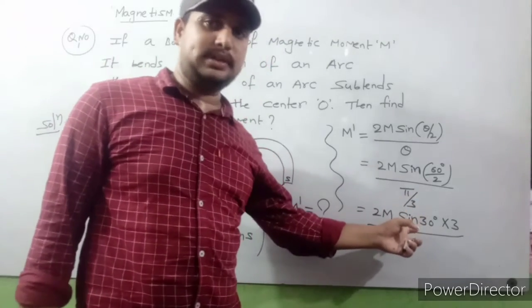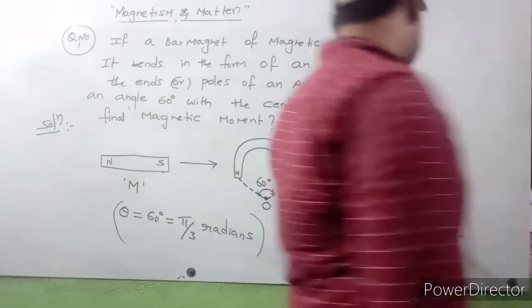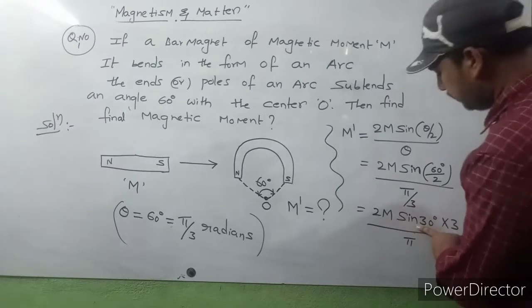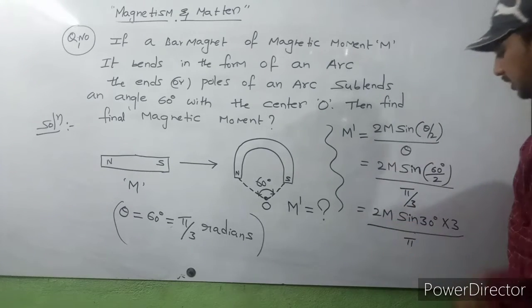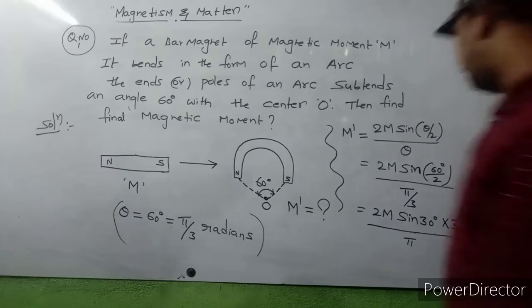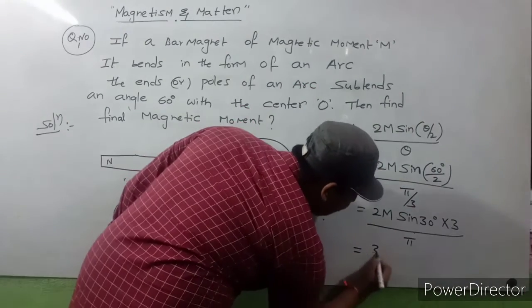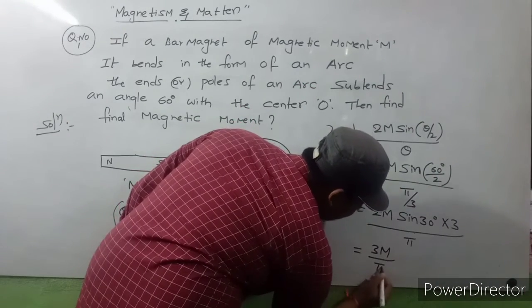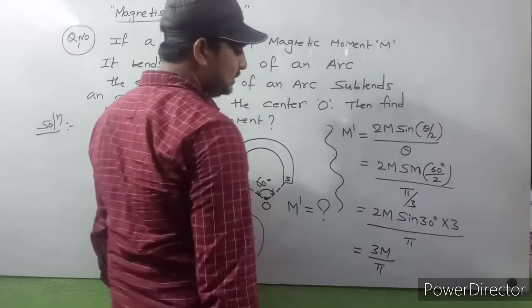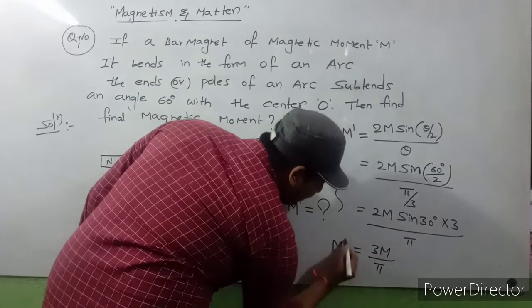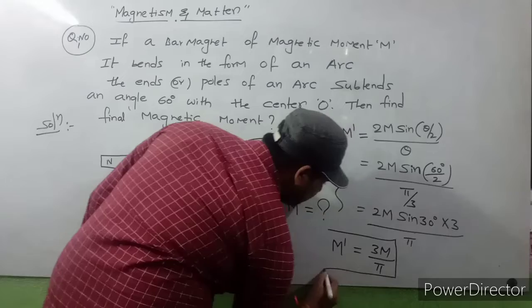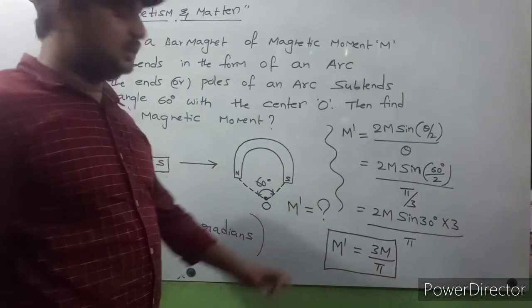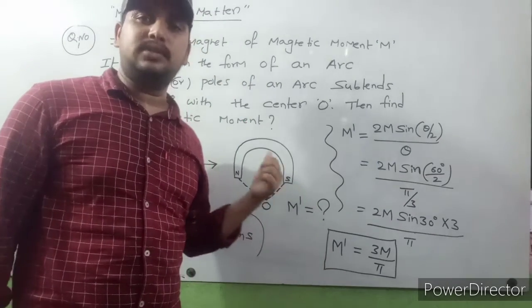Here instead of sine 30 I will consider 1 by 2. The 2 gets cancelled. Finally we will get 3m by pi. So m dash is equal to 3m by pi. So this is the solution of this question.